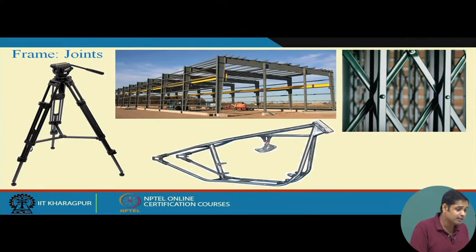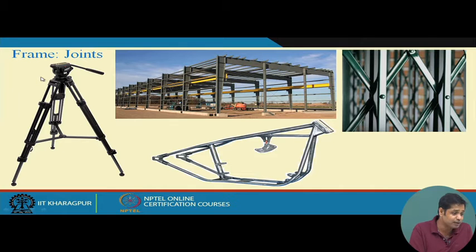But in this case, because of the reaction from this member, we can have a force on the member itself, not only at the ends. So these members are not two force members. So this cannot be idealized as truss. So this is a frame. In this case, the frame is pin jointed.